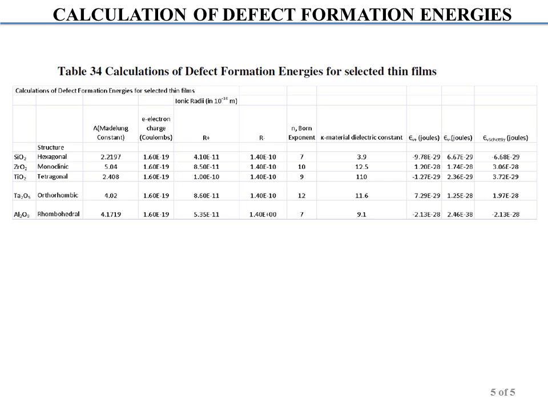However, we performed the same calculations, and so from this data, one can see that the highest defect formation energy is for the monoclinic zirconium dioxide, and this was followed by tantalum pentoxide, and then by titanium dioxide.